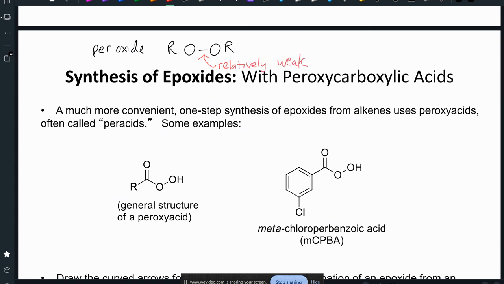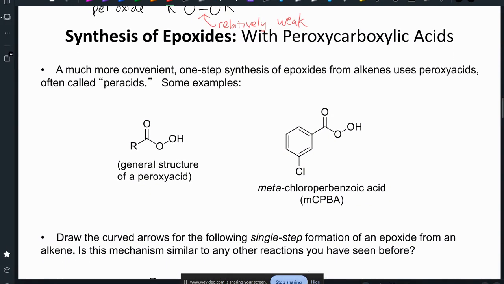And that gives us some advantages in how it's going to react. Those peroxides tend to form radicals very easily. They tend to be very reactive. In fact, if you have an old bottle of ether and it's developed some peroxides by oxidizing in the air, it can become explosive. So generally, these molecules with O-O bonds, we want to be careful with them.